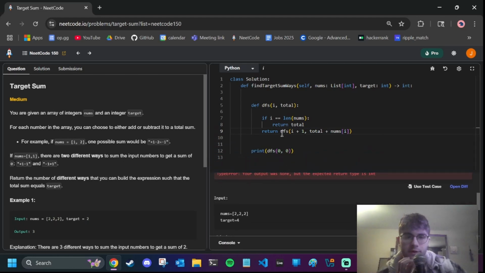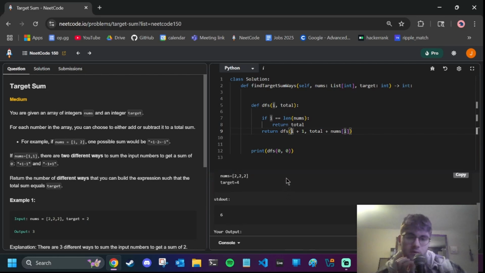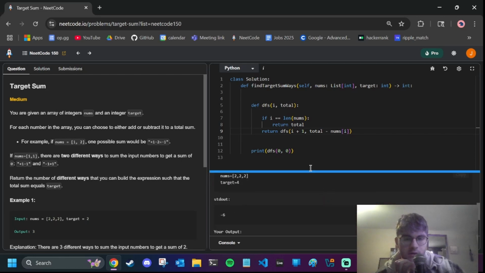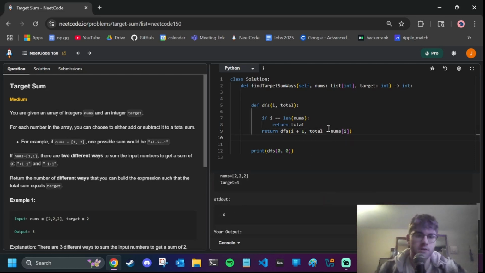But it needs to branch off. And then if we were to do minus, then it would give us -6. Okay, so we need to do some sort of plus and minus.